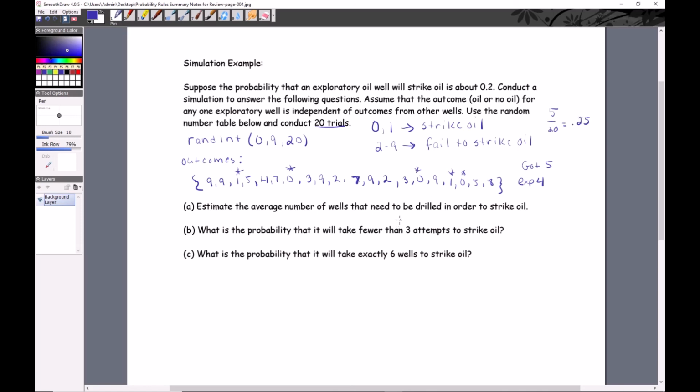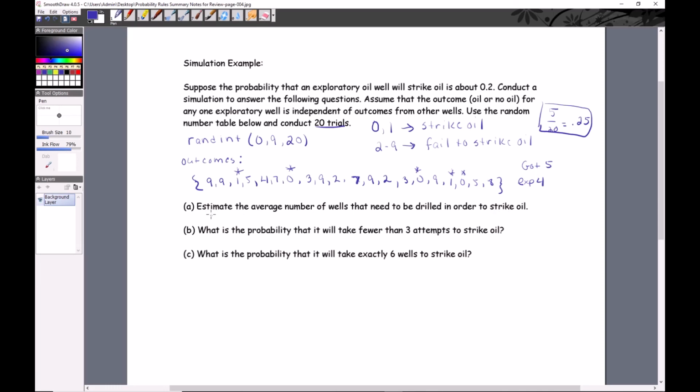All right, so estimate the average number of wells that need to be drilled in order to strike oil. That sounds a lot like geometric. I'm working off of my value that I received through simulation, because it's when you first strike oil.